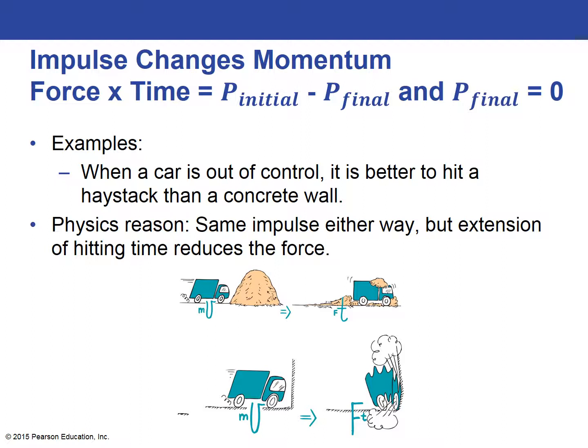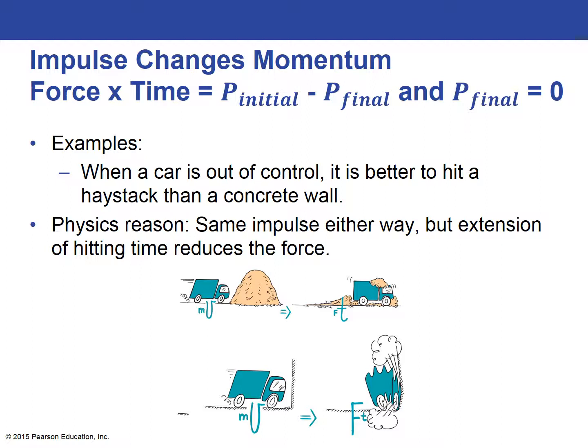In the first case, the truck hits what we call a haystack, and there's a gradual slowdown of the truck till it reaches its zero velocity. And in the second case, the truck hits a brick wall and it stops abruptly and immediately, or we should say in a very short time.